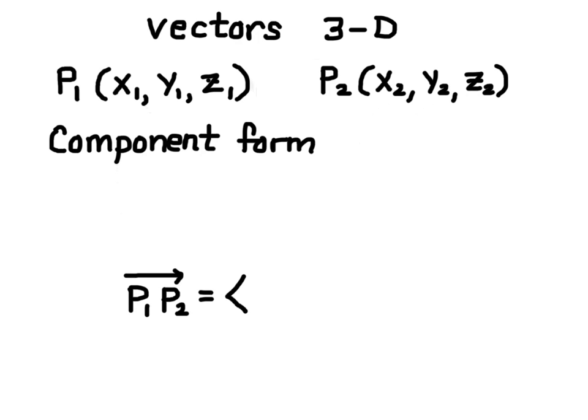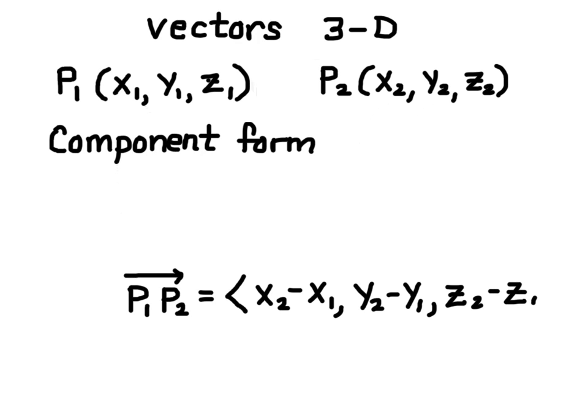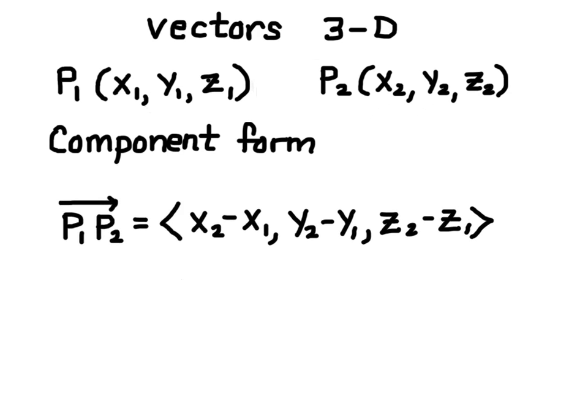Our x component is x sub 2 minus x sub 1. Our y component is y sub 2 minus y sub 1. And our z component is z sub 2 minus z sub 1. And that's our component form.